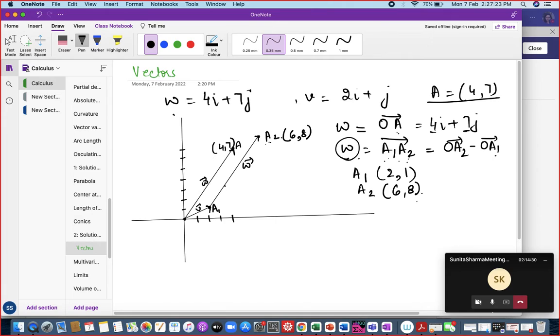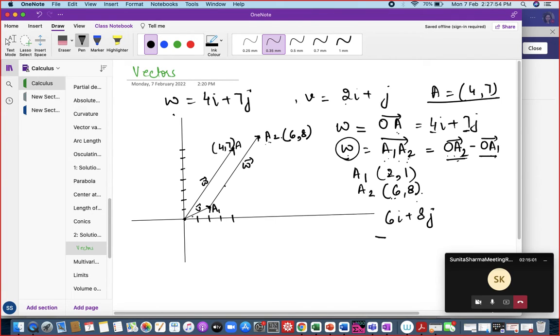Now if I have to give W in terms of A1, A2, what will be the vector equation or the components in this form? By definition, it will be OA2 minus OA1, so we are going to take the difference of these two vectors. How do we denote the vector OA2? It is given from the origin to A2. It is 6i plus 8j, using the ij notation.